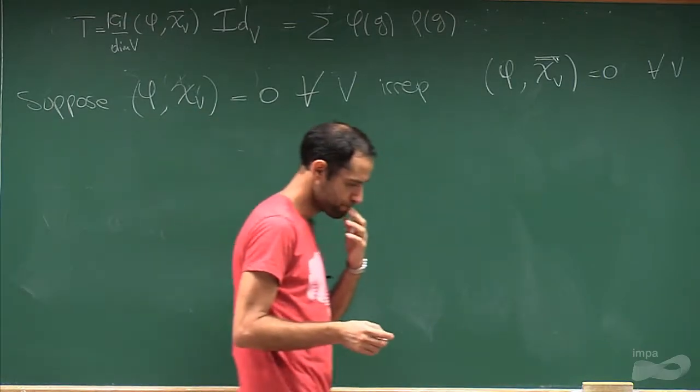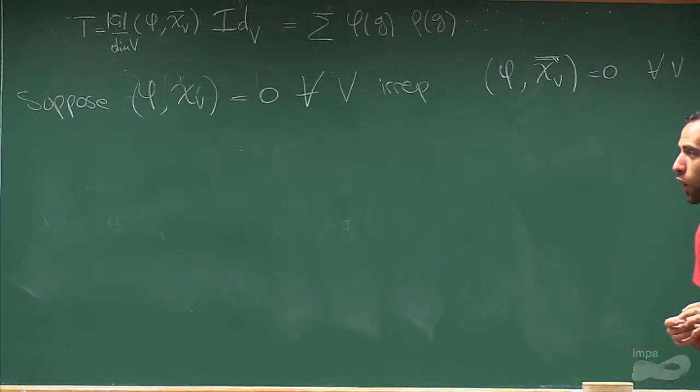So what happens when V is not an irreducible representation? What can I say?